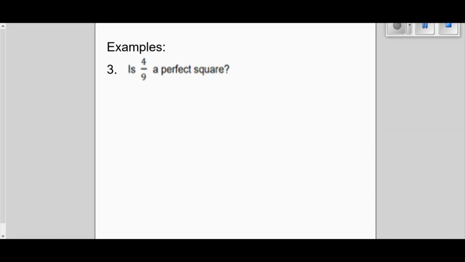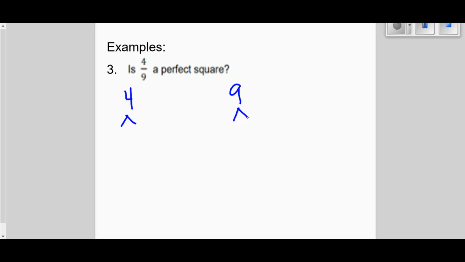Another example. So is 4 divided by 9 a perfect square? So what we'll do in a fraction, we'll say, can I break apart 4 using some number times itself? And can I break apart 9 using some number times itself?